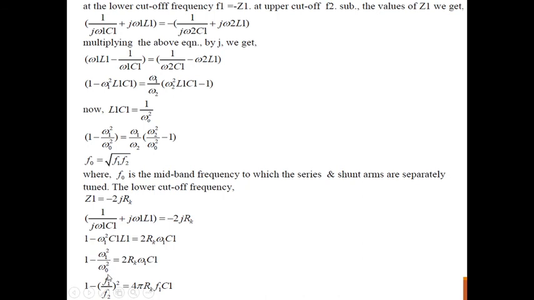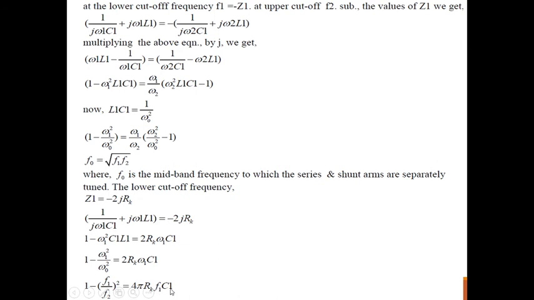Omega 1 and omega naught, that is the cutoff frequencies F1 and F2, the ratio of F1 and F2 whole square, should be equal to 4 pi Rk F1 and C1.